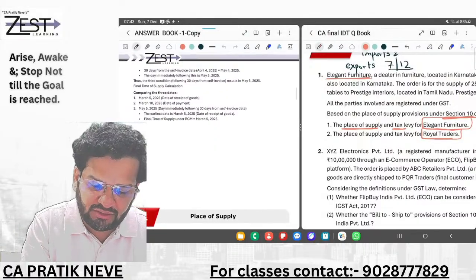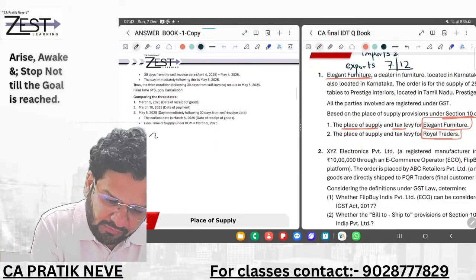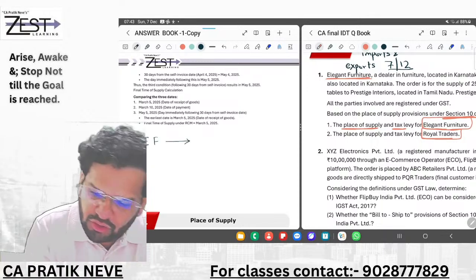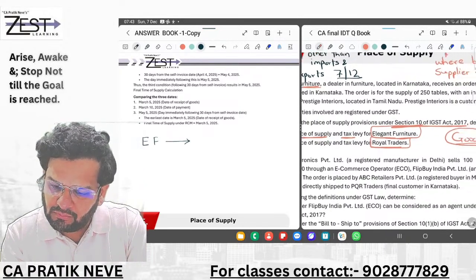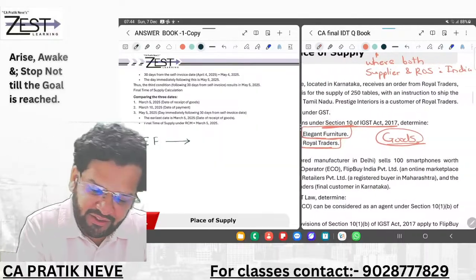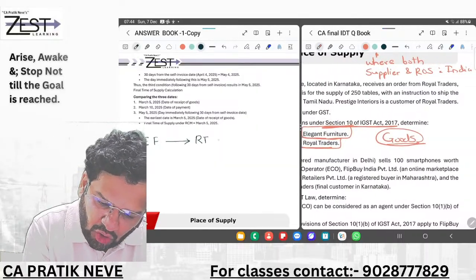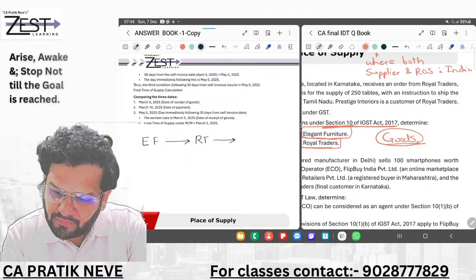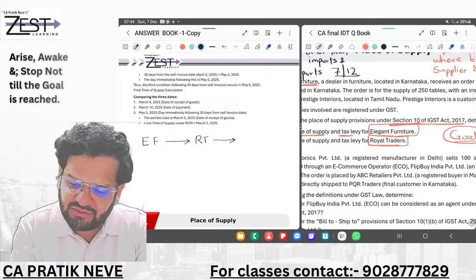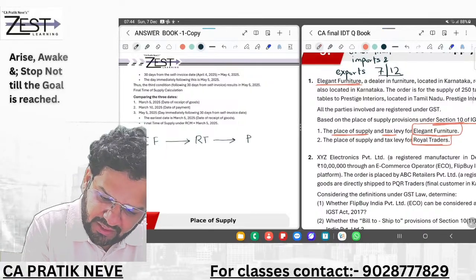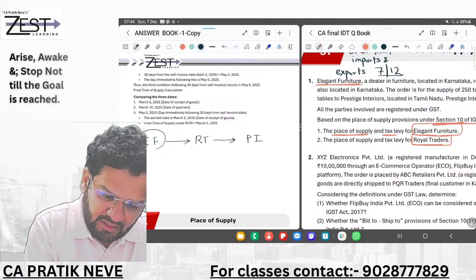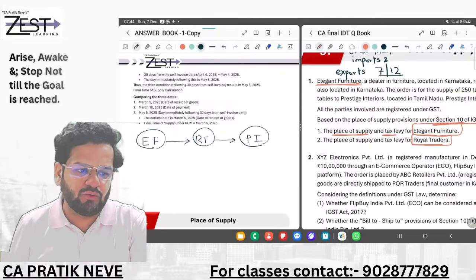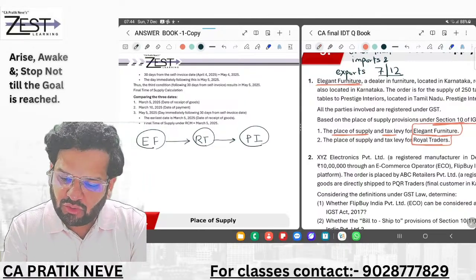I will need some place here, so I'm going to this particular page. Elegant Furniture is selling goods to Royal Traders, and Royal Traders is selling goods to Prestigious Interiors. Make sense? EF selling to RT, RT selling to PI. Where are those parties?